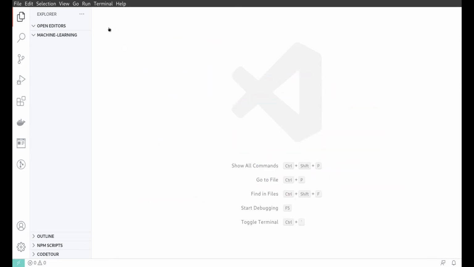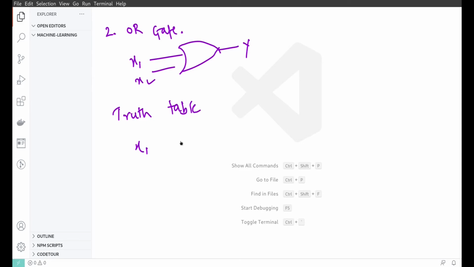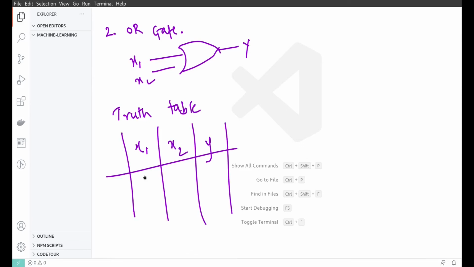So let us look into the OR gate. The OR gate also takes two inputs x1 and x2 and gives y. Let us write the truth table: x1, x2, y. All the possible combinations of inputs are 0 0, 0 1, 1 0, 1 1.